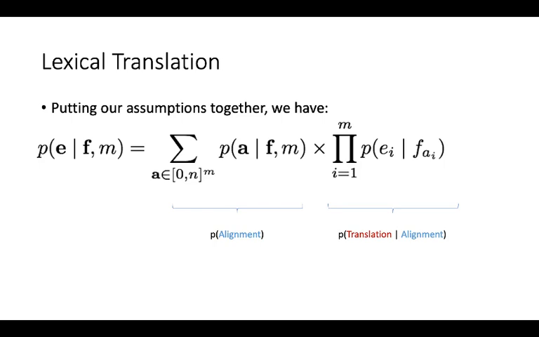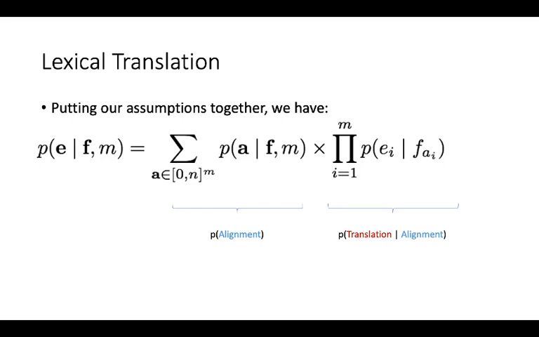If we are given A here, we know that each English word actually comes from one of the foreign words, and those translations are independent, so we can decompose the conditional probability to the word level. Then we marginalize over the latent variable A, so we can get rid of A and have an estimation of P of E given F. Is it clear?